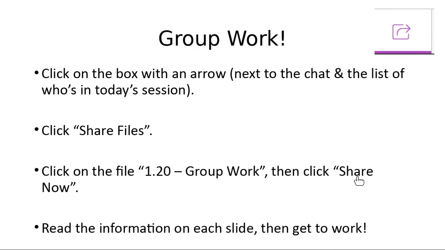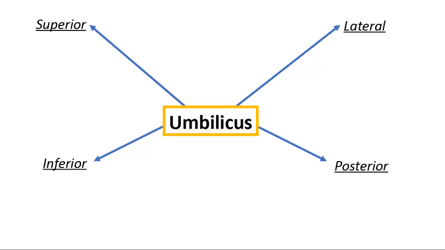Now here's where this becomes some friendly competition. When we come back together, we're going to compare what we put for each of these different structures. If another group put the same thing as you, we cross it off. In other words, we're trying to come up with as many unique options for our list here.